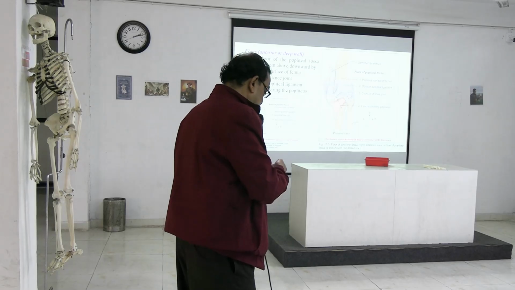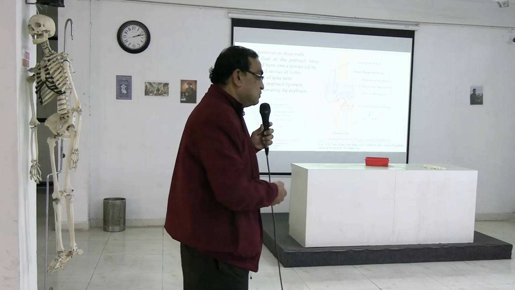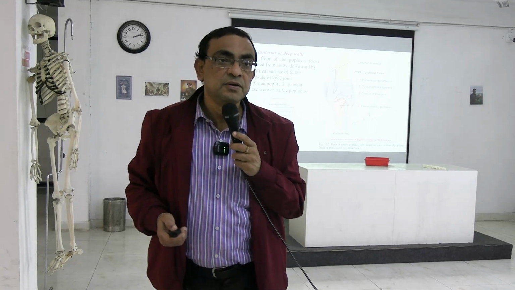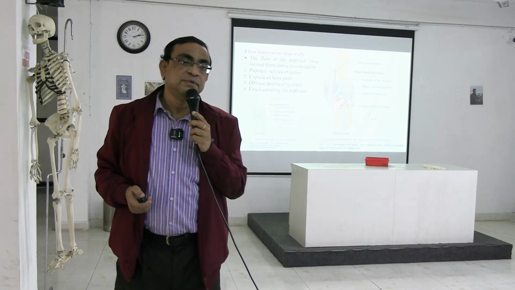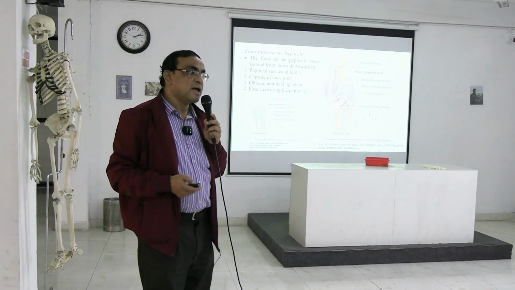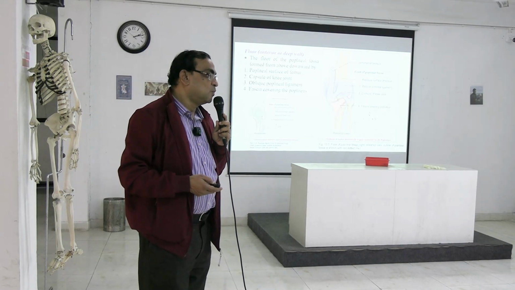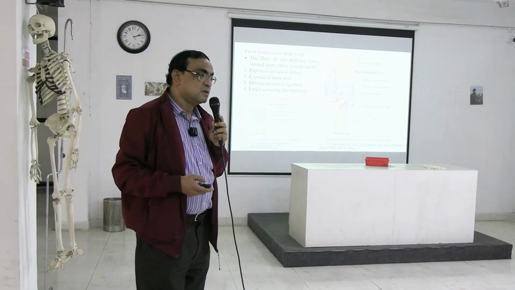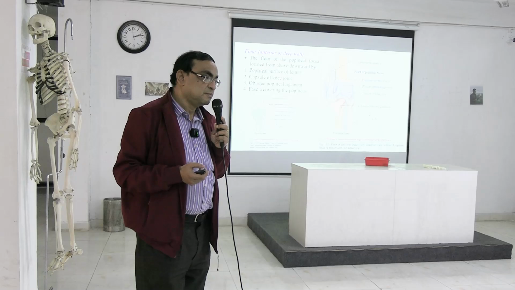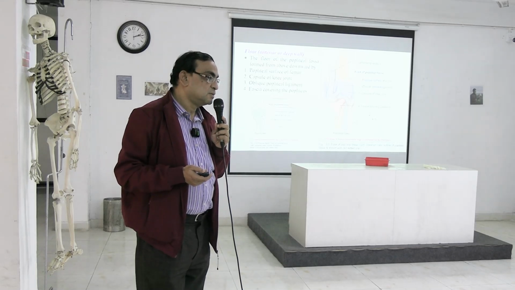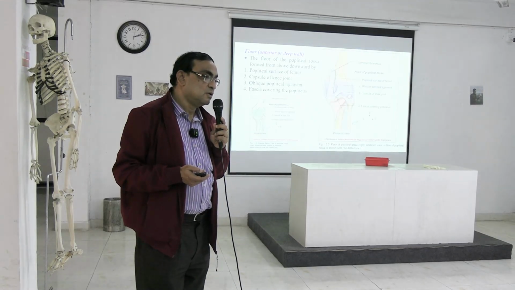And the floor, you can see it is formed by the popliteal surface of the femur, and below you can see one muscle, that is popliteus, under the coverage of the fascia, which is called fascia covering the popliteus.